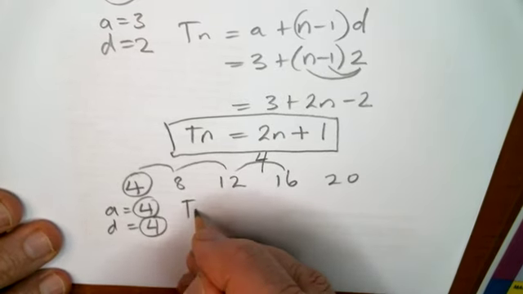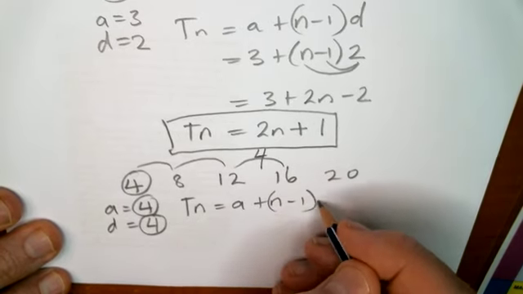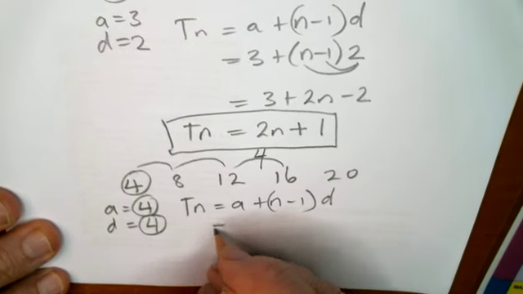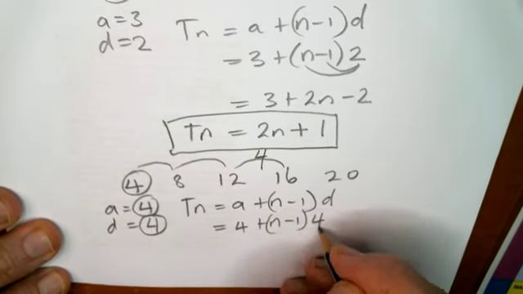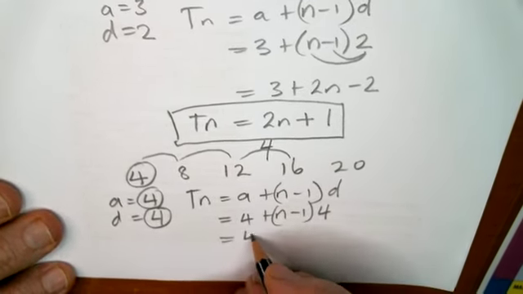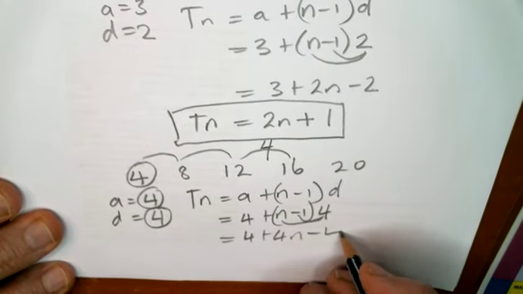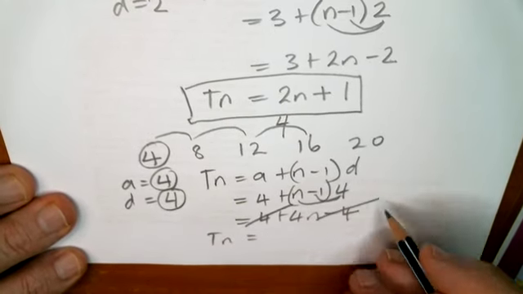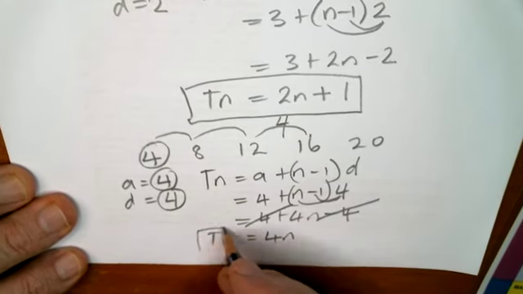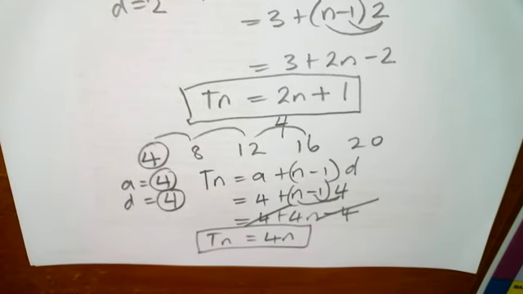So we're going to have Tn is equal to A plus N minus 1 all times D. Substituting in, I've got a 4 plus N minus 1 all times 4. So I've got a 4 plus 4n minus 4. So Tn is equal to 4n. And that would be my equation. Hope that makes sense.